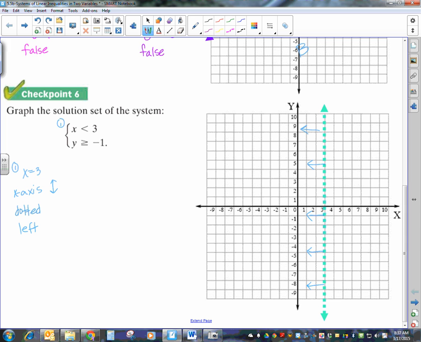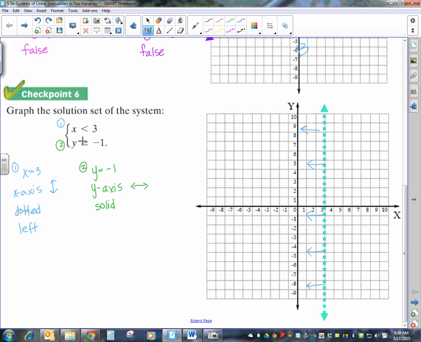Okay, and then if I go to the next one, the second equation that I have, I'm thinking of y equals -1. And if it's y equals, it's going to intersect the y-axis, and that will be a horizontal line. It will be solid.